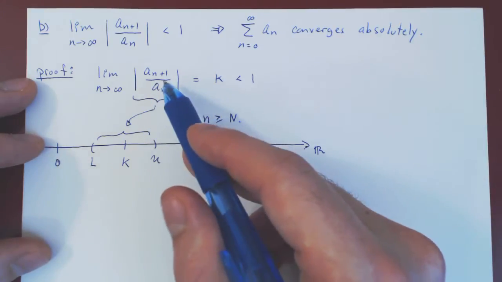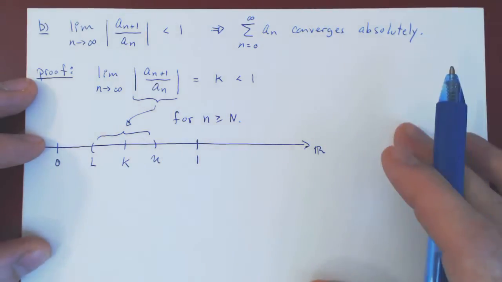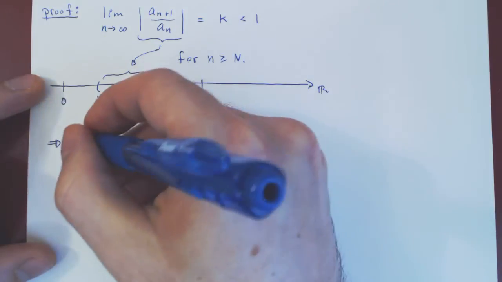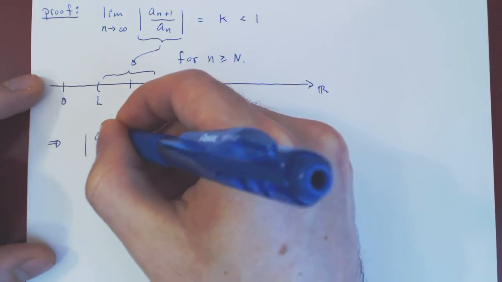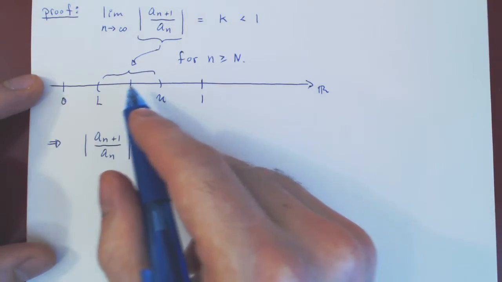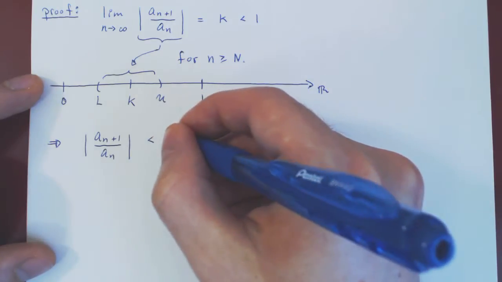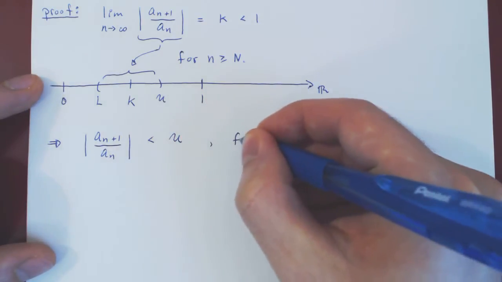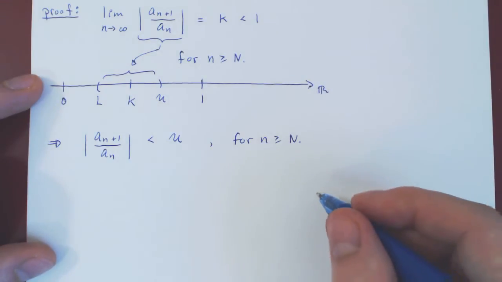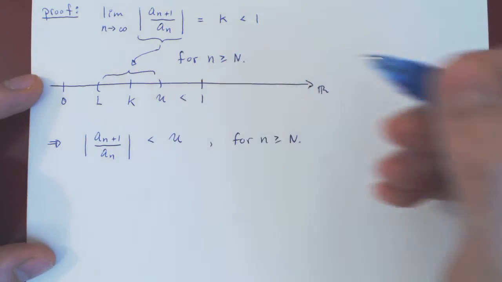Let's now focus on this fact and the upper bound u. So this means that in absolute value, |a_{n+1}/a_n|, being inside the interval, is strictly less than u, as we have an open interval, for n larger than or equal to uppercase N. And keep in mind that u is strictly less than 1.